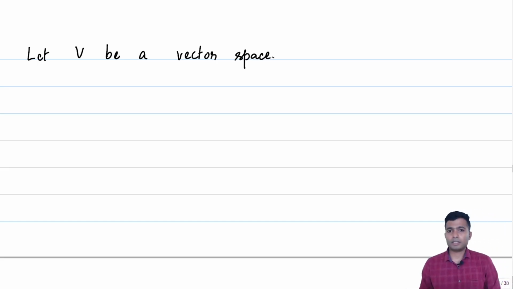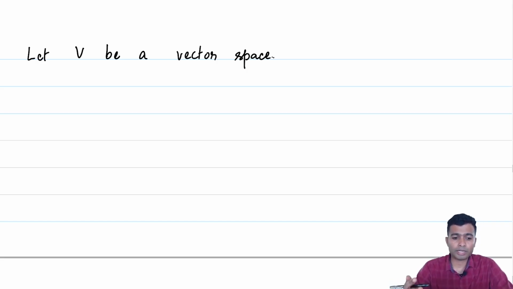We say that a set W is a subspace of V if W is a subset of V to begin with, and if you take any two elements in W, say w1 and w2, the vectors in capital W, look at w1 plus w2. This makes sense because W is a subset of V and in V there is a vector addition already defined.